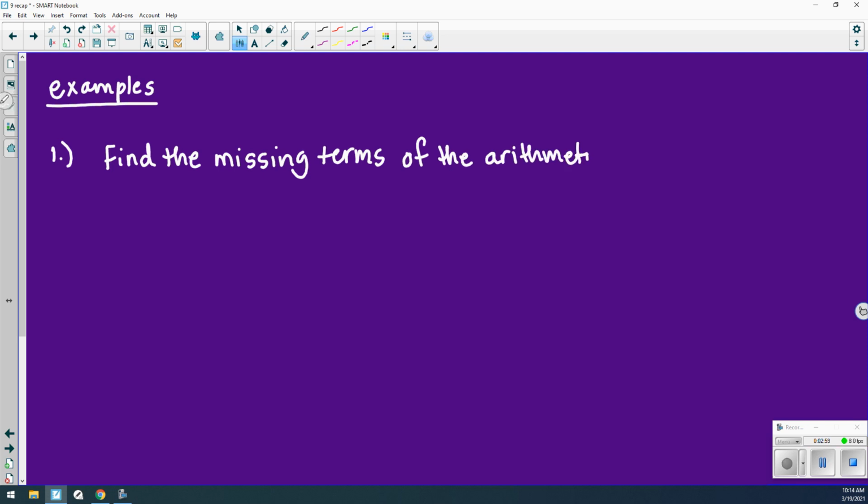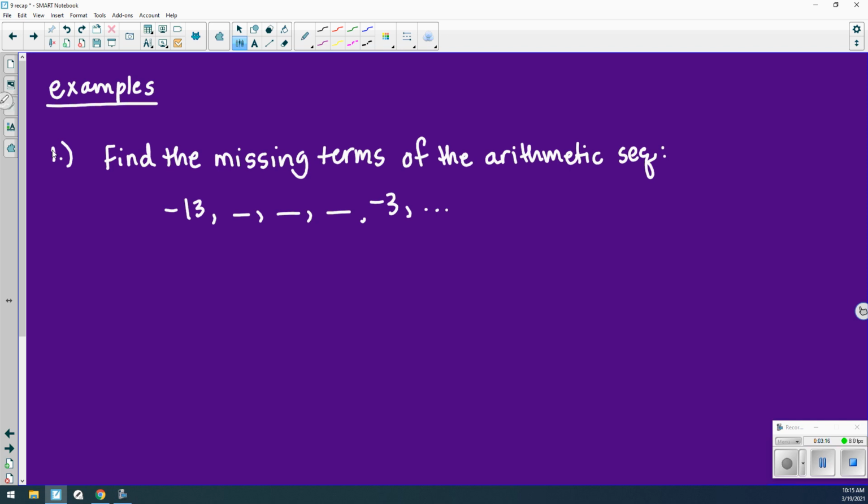I'm going to abbreviate sequence with SEQ, and our missing terms are after -13 and before -3. Now this is a sequence that goes on forever. It's not a series because I'm not adding these together.